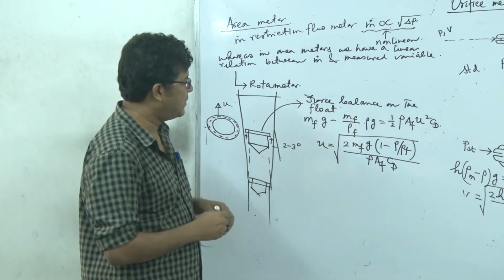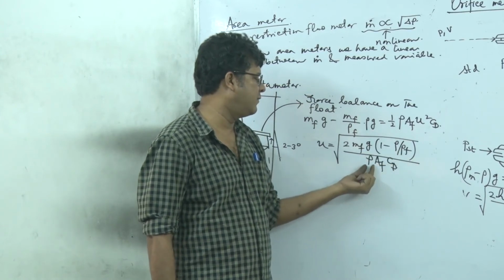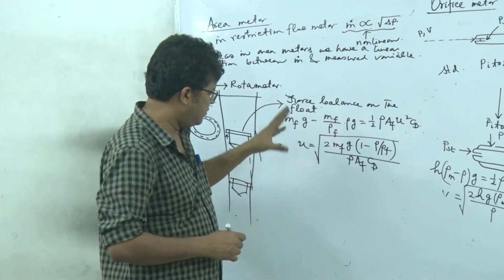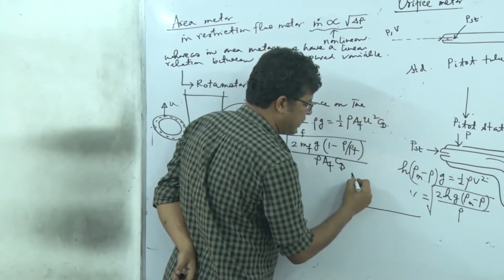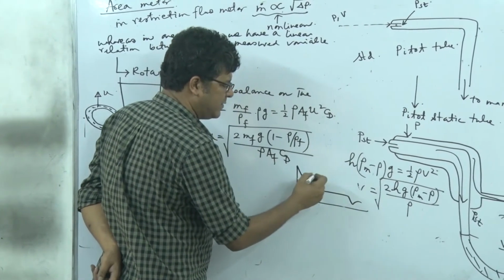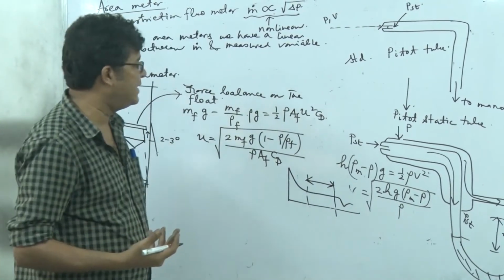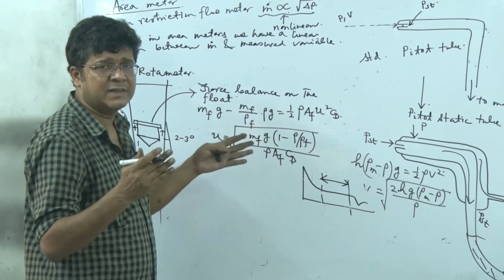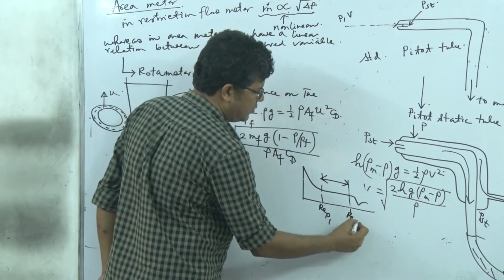Like when will it happen, see mf g for a specific fluid rho, then float density rho f, this Af, everything is constant. But CD may be dependent on the Reynolds number or velocity. But we know that the CD versus Re curve for a sphere or for any other object will look like this, more or less tentatively. So if I operate this rotameter over this constant CD region, we can guarantee that U will not be changing over that specific range of particle Reynolds number, like from REP1 to REP2.